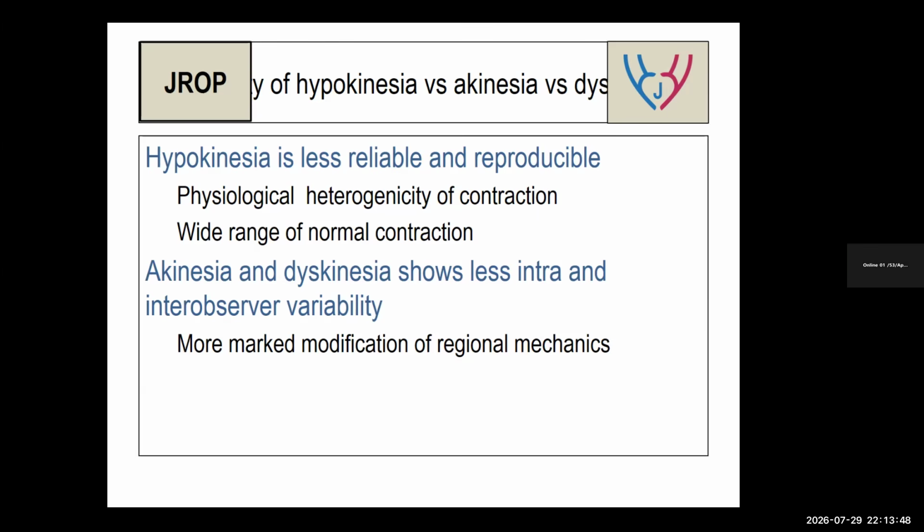Avinash, again, go ahead. Sir, what are the other parameters except echo, or investigations or factors, that can help in differentiating Takotsubo cardiomyopathy from ischemic cardiomyopathy? Very simple: history of stress, catecholamine levels, coronary artery disease not contributing to anything, normal coronaries.